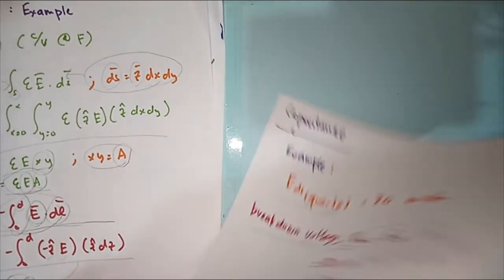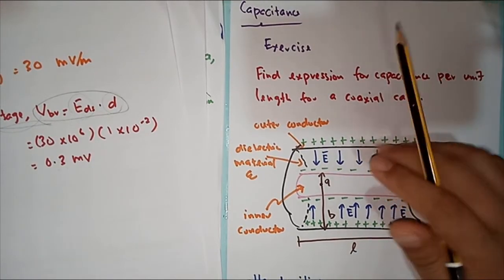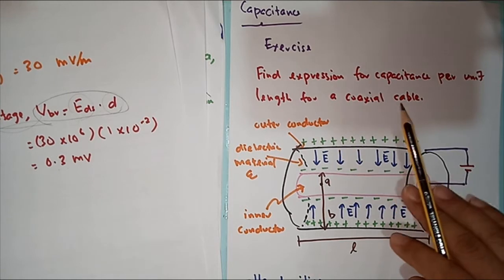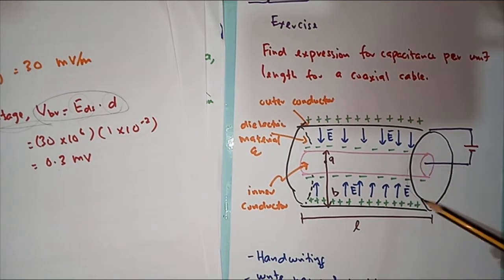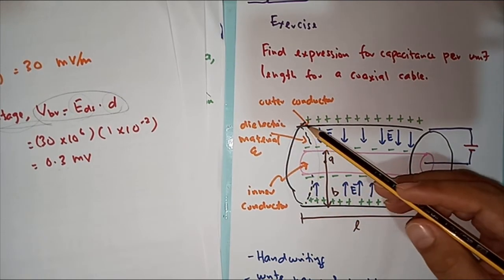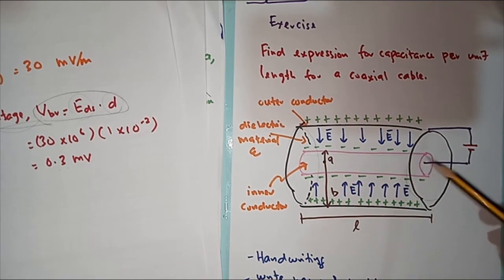Alright, so in order to demonstrate your understanding of these topics, please do this exercise. Let's consider a coaxial cable. We have two conductors, the outer conductor and the inner conductor.